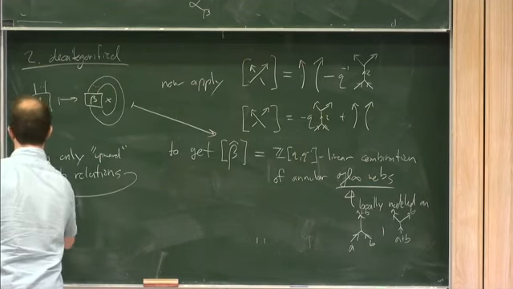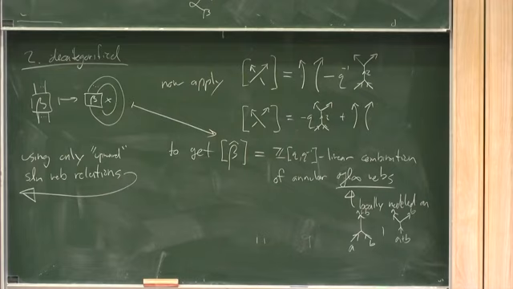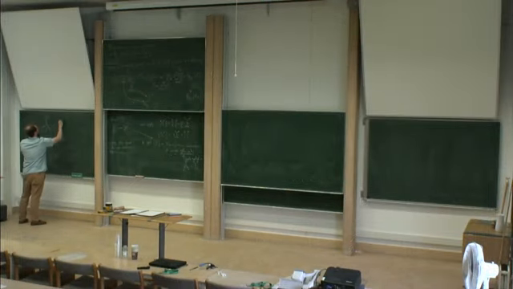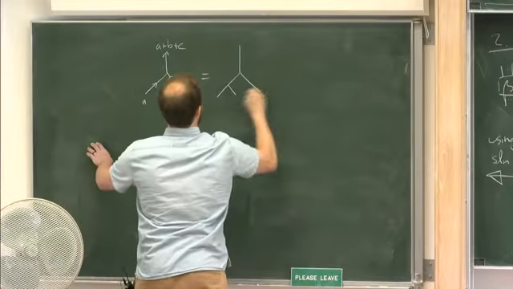relations, which maybe I'll record over on this board. So there's one of these which looks like some kind of associativity, A, B, C, going to A plus B plus C. I won't draw in all of the labels, just enough of them to get the idea.